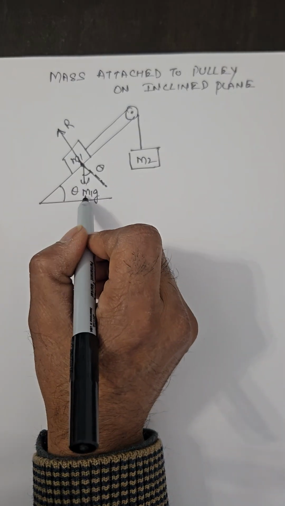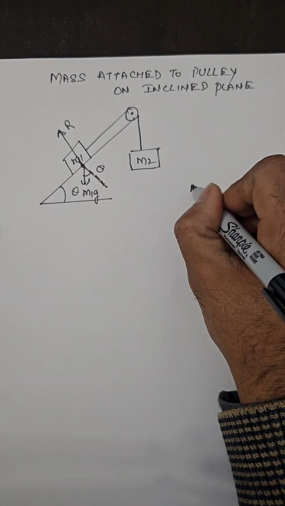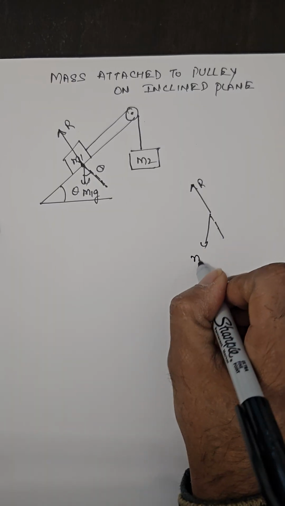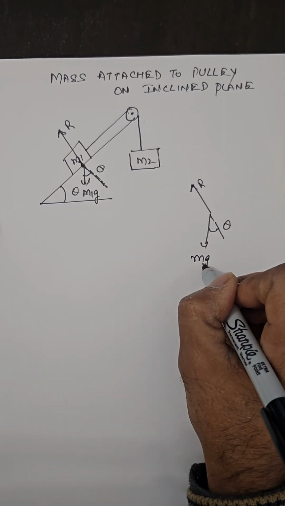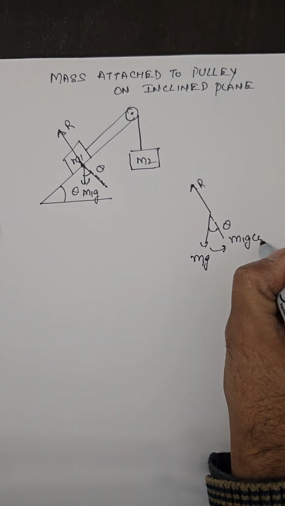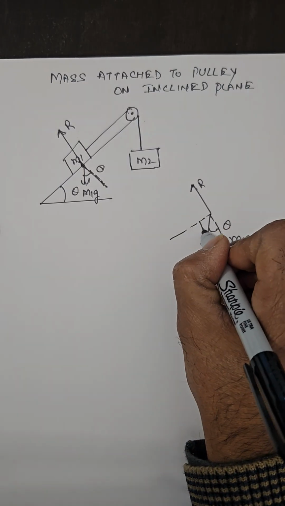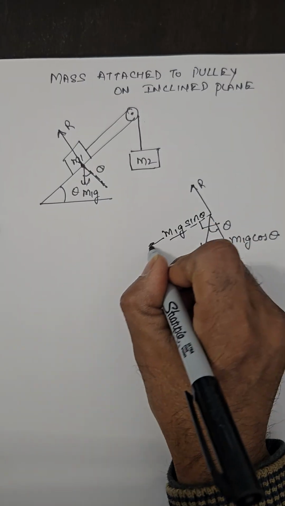If you resolve this force m1g, so there is R acting upward, right? And there is a weight m1g acting downward. So this angle theta, if you resolve m1g along this direction, it will become m1g cos theta, and at 90 degrees to it this will become m1g sin theta, right?